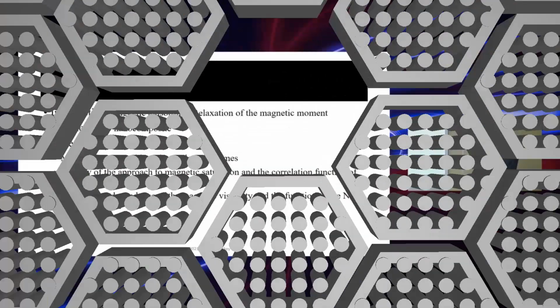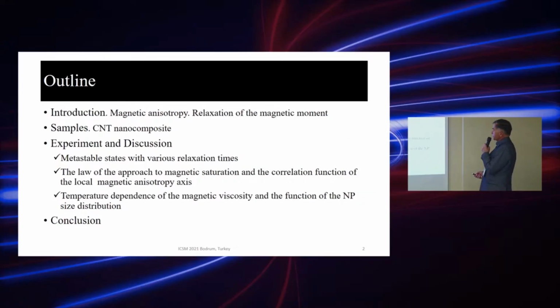Here is the outline. After a short introduction about magnetic anisotropy and relaxation of the magnetic moment, I will pass to the samples, how we fabricate them. Then I will show experimental results related to metastable states with various relaxation times, how we use the law of approach to magnetic saturation to elaborate our data and to extract the correlation function of the local magnetic anisotropy axis.